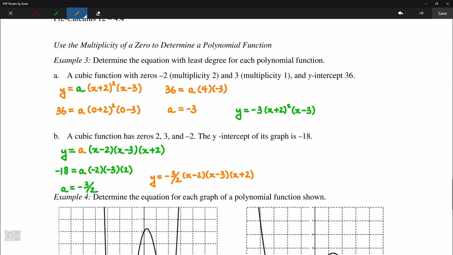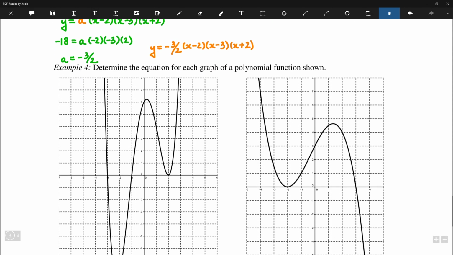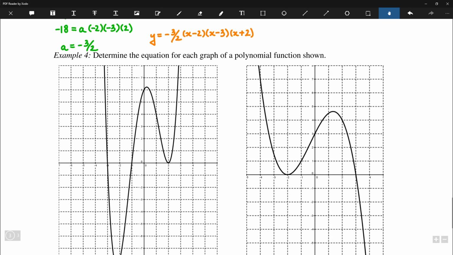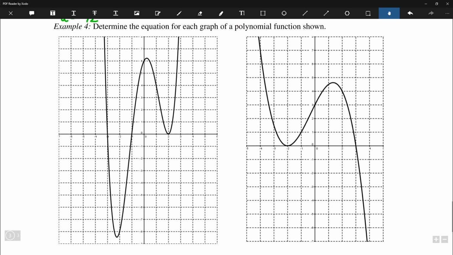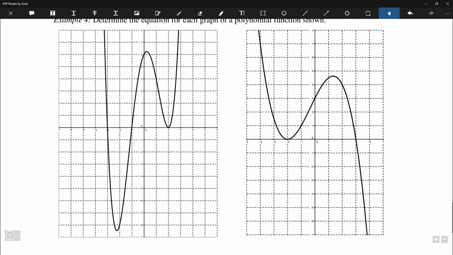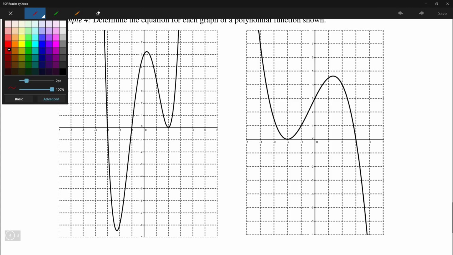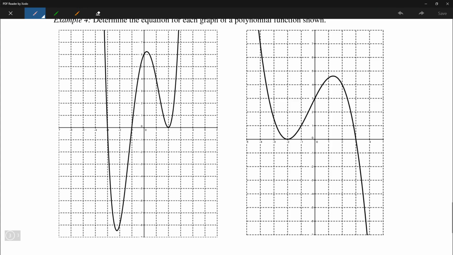All right. So finally, this last part here is kind of the same thing that we looked at, but instead of giving the description of the function, we are given the graphs themselves. So in this case, if we start on the left-hand side, we have zeros at -3, -1, and 2.